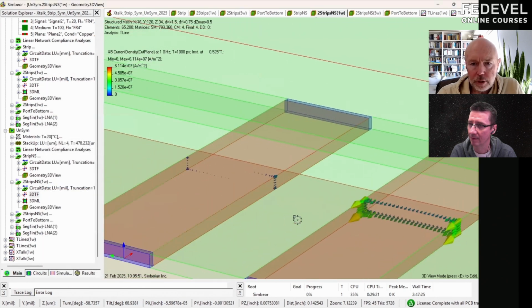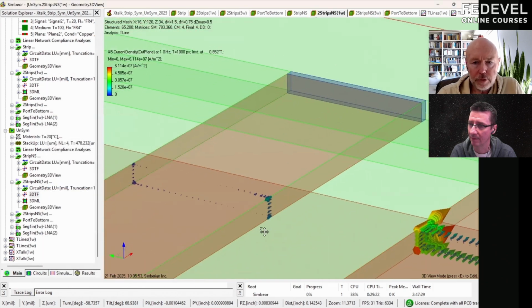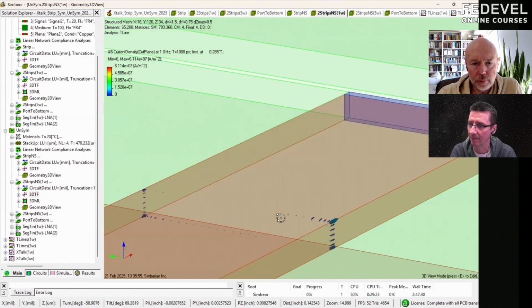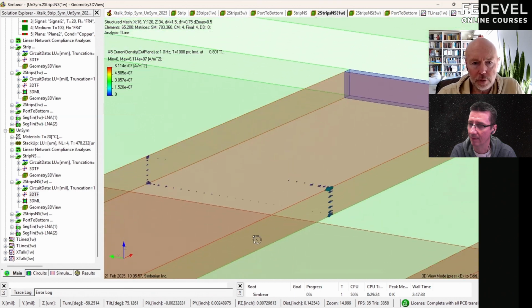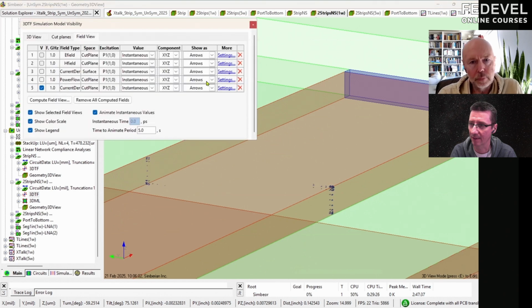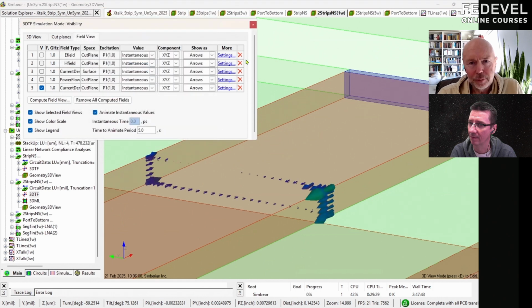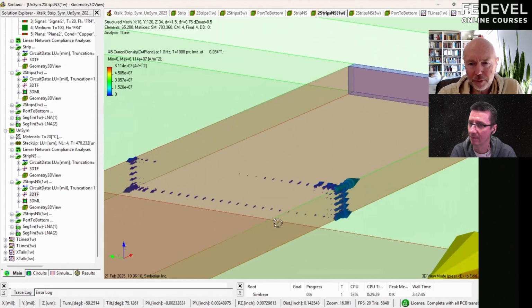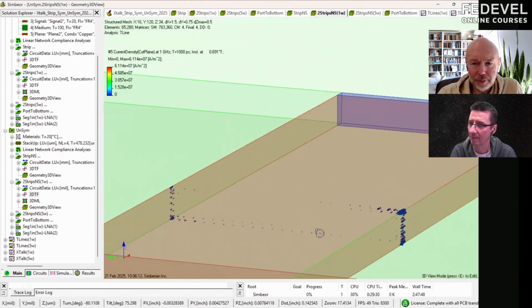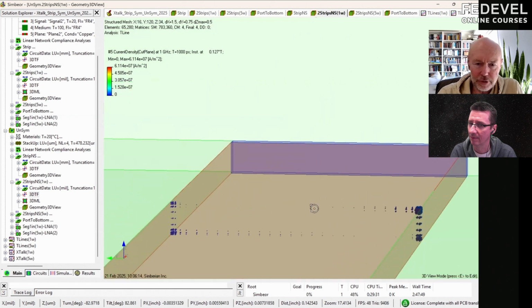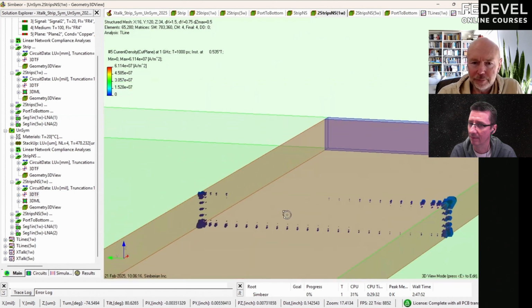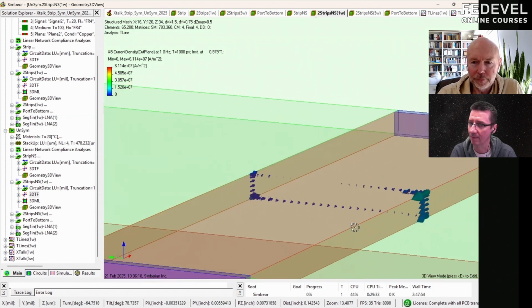And you can see that this is currents in the victim. In case of symmetric, they are symmetrical, but right here we can see it's bigger on one side. Yeah, and we can actually enhance them like this to see more, not on the logarithmic scale, but rather on just linear scale. And you can see that this is the current in the victim.